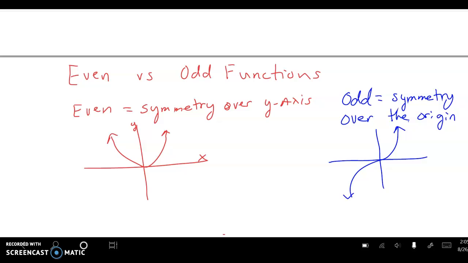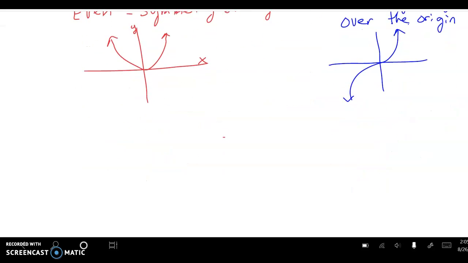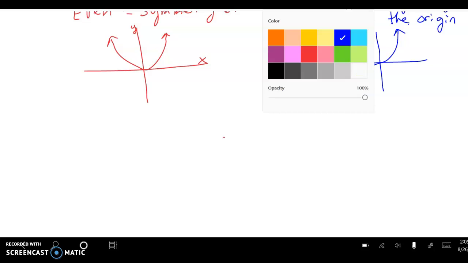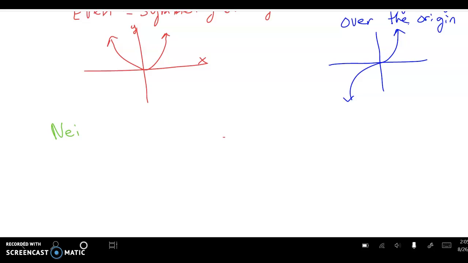If I fold the cubic over the origin, over 0, 0, it'll lay on top of each other. Be very careful. Some functions are neither. So a neither would be a graph that has no symmetry.